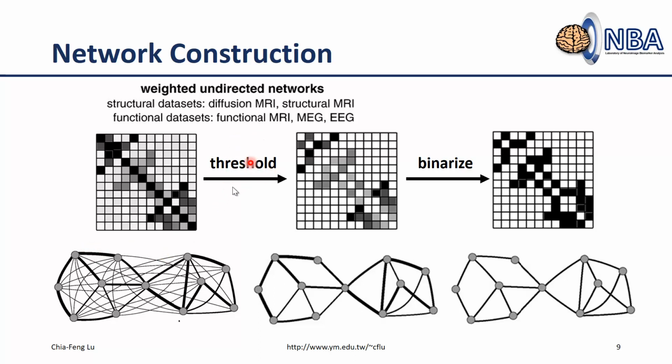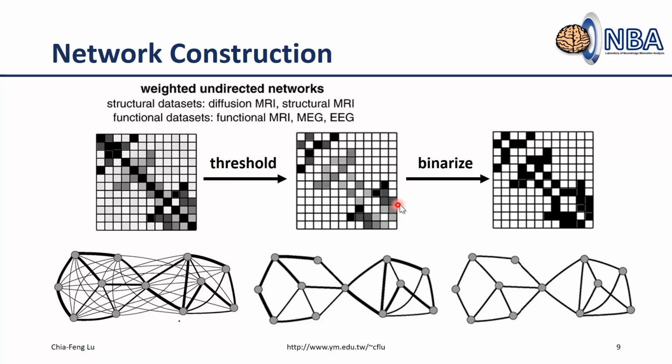If we apply the threshold to get rid of all the thin lines, that means the edges with weak connections, then you can see we have a much cleaner network, with no weak connections displayed. So this is the very first step, thresholding. It helps us focus on the most important connections within this network.